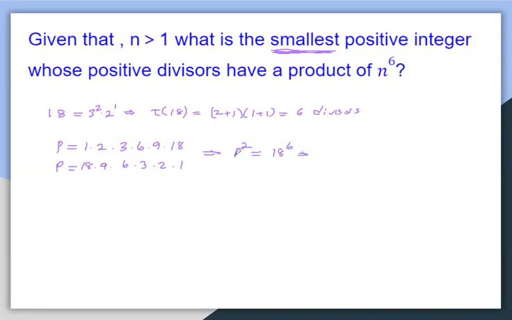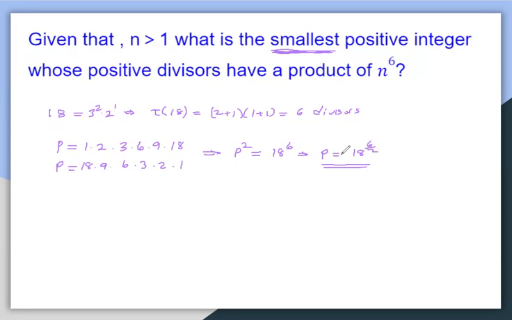If I want p alone, which is the product of the divisors, p would be the square root of this, so I take the 1/2 power of each part, which gives p equals 18 to the 6 over 2. I want to rewrite it this way because I don't want to write the 3 immediately.